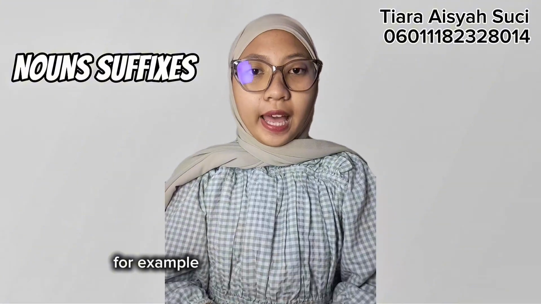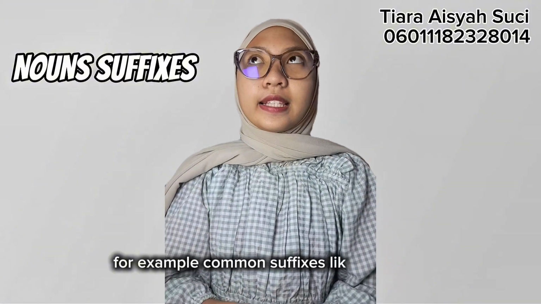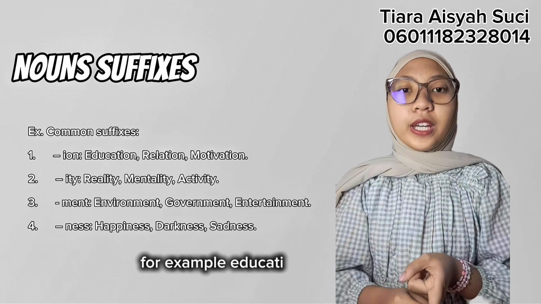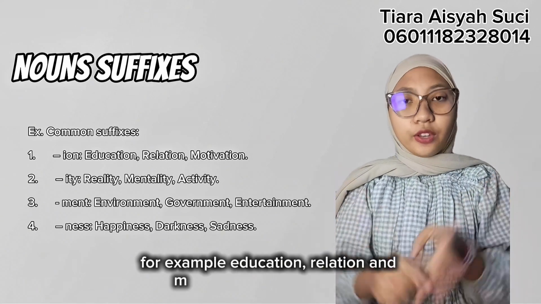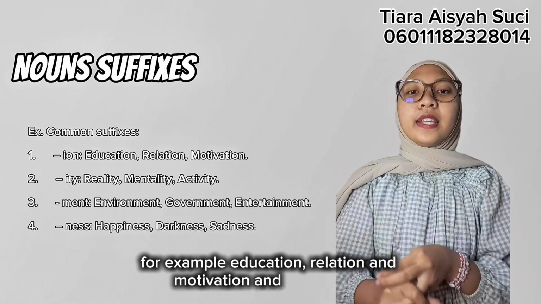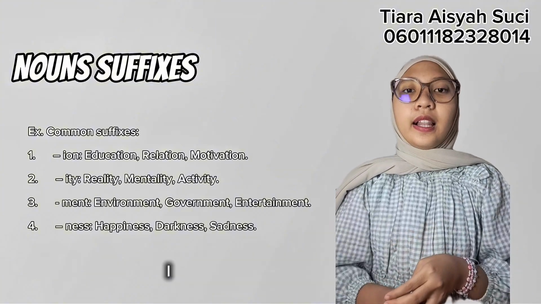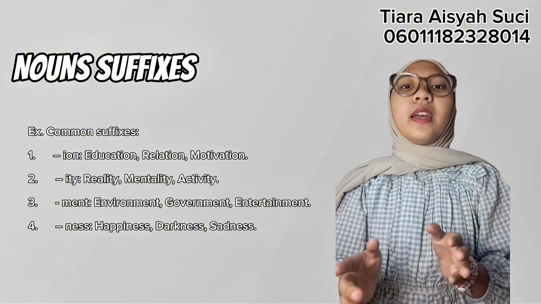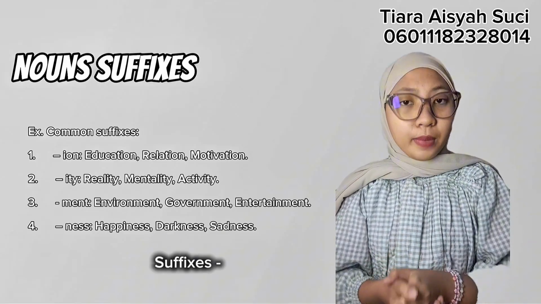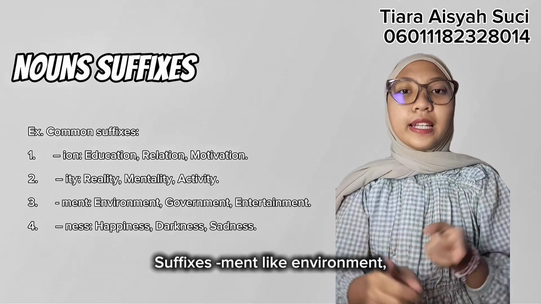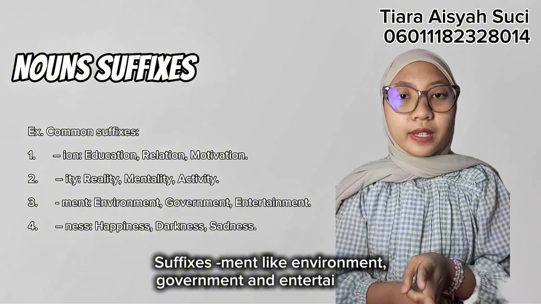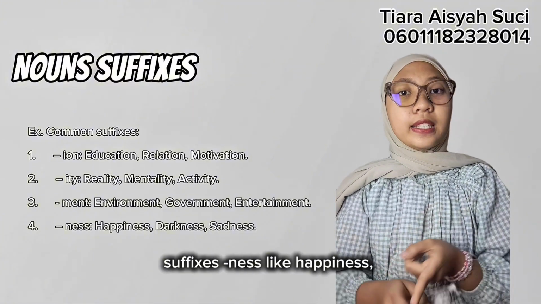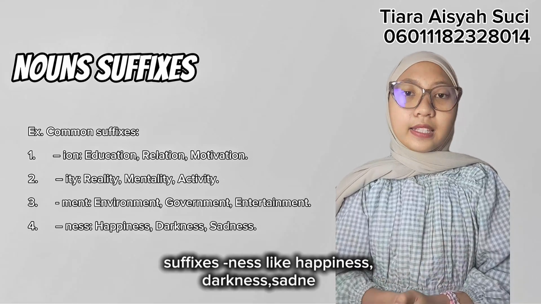For example, common suffixes like suffix -ion, for example education, relation, and motivation; suffix -ity, like reality, mentality, activity; suffix -ment, like environment, government, and entertainment; suffix -ness, like happiness, darkness, sadness.